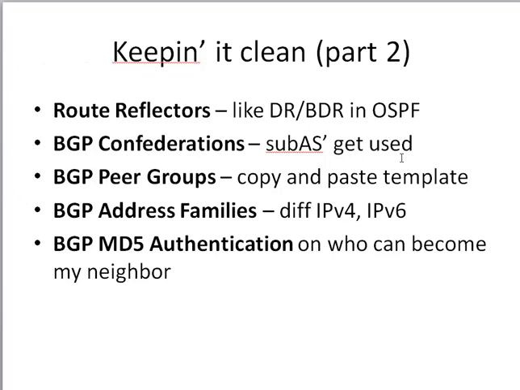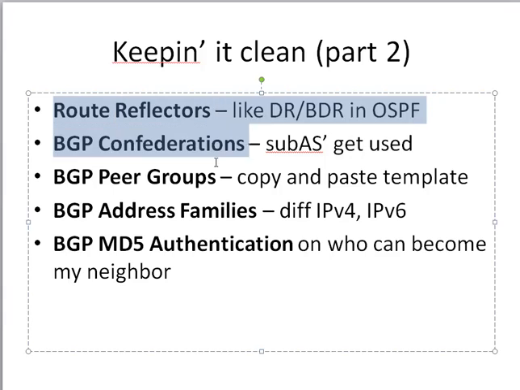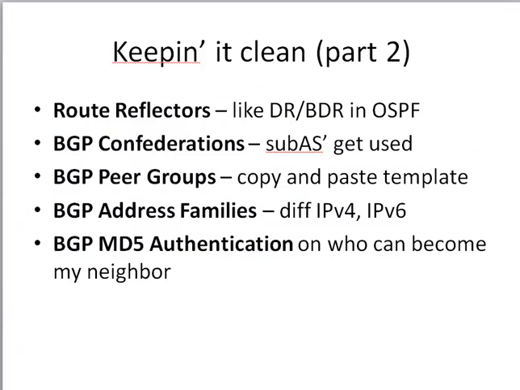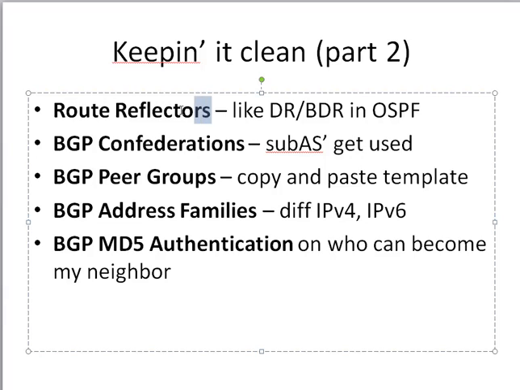But this we'll get more into in part 2. As you know, the whole meetup could be dedicated just to these topics. So, in keeping with my 2-hour limit and giving you enough time for the labs, we'll put that for part 2. But to briefly skim over this, route reflectors are like the designated router and backup designated router in OSPF.